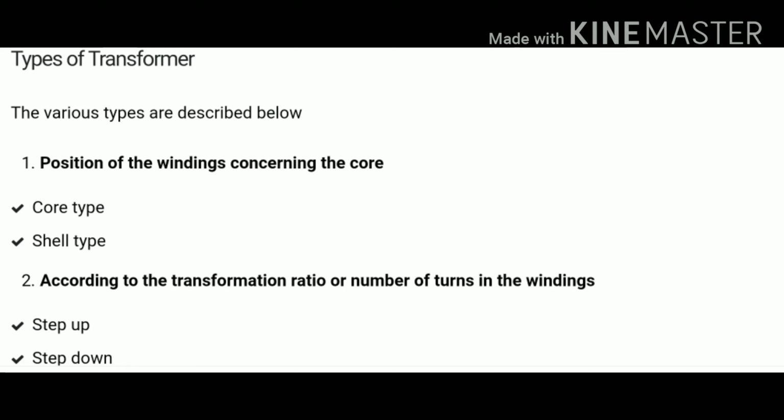Various types of transformer are core type and shell type. According to the ratio of the number of turns in the windings, there are step up and step down transformers. We differentiate step up and step down transformers with the help of the number of turns in the coils. We choose the coils according to our requirement, so step up and step down are the two cases of transformer.